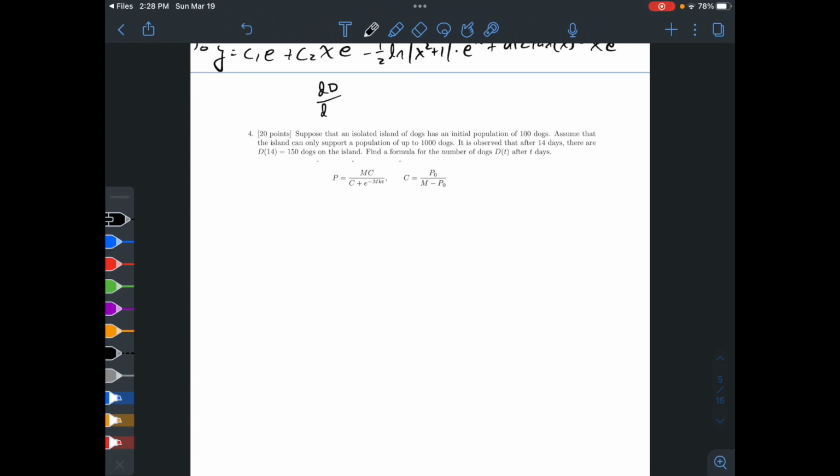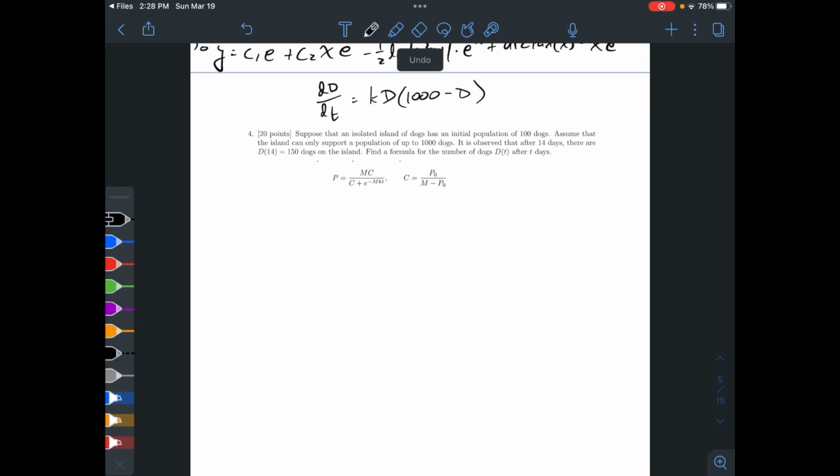So dD/dt, the rate of change of dogs with respect to time, is proportional to the number of dogs present times, so our maximum population is 1,000, so the number of dogs not there would be 1,000 minus D. All right, so we'll use all this.